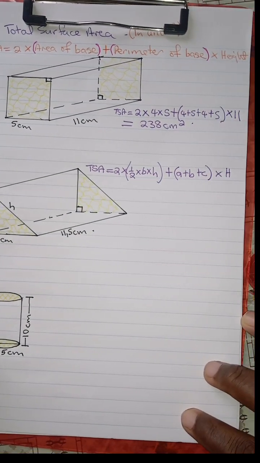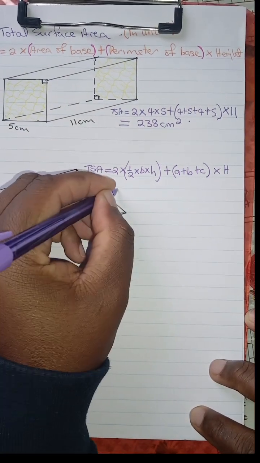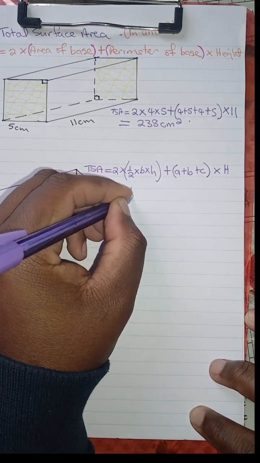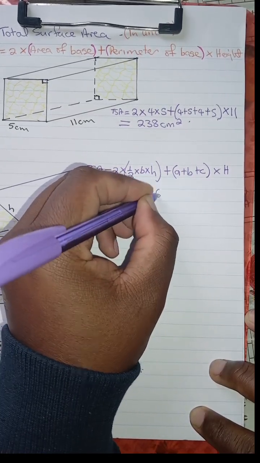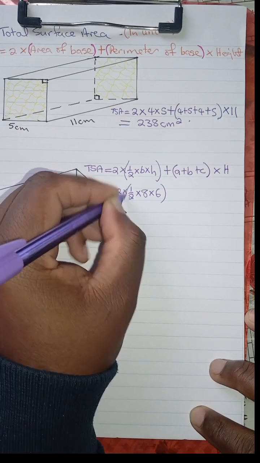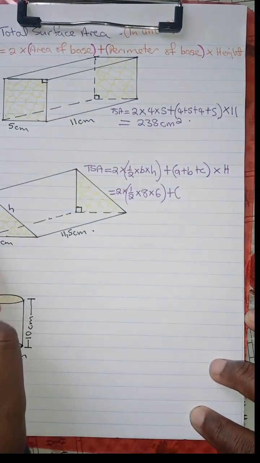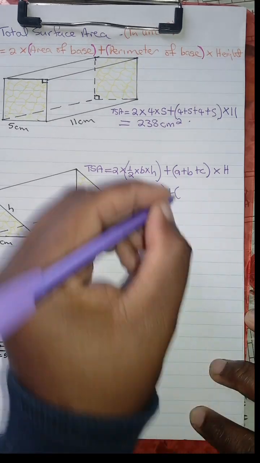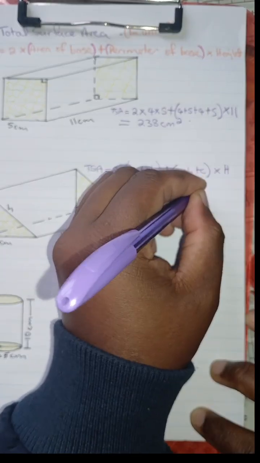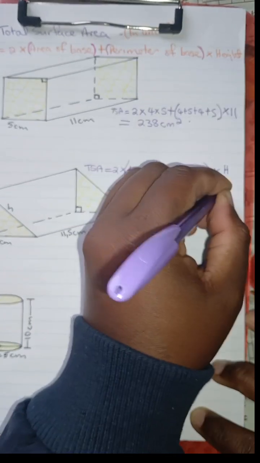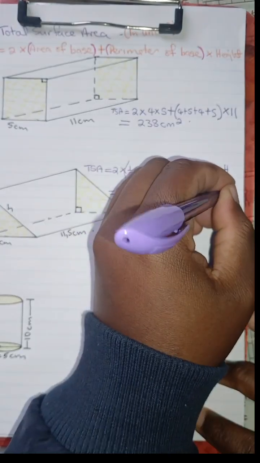Now let's substitute. This is equal to 2 times 1 over 2 times our base is 8, our perpendicular height is 6 there, and then plus add those 3, that is 10 plus 8 plus 6, and then multiplied by the height there, that is 11.5.